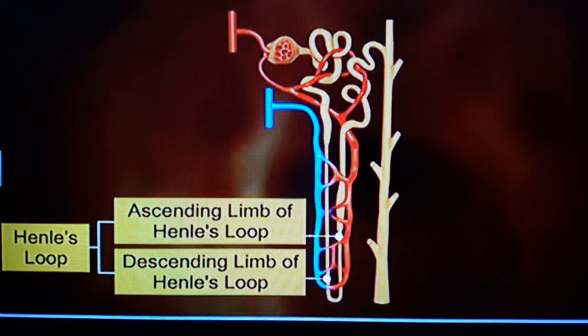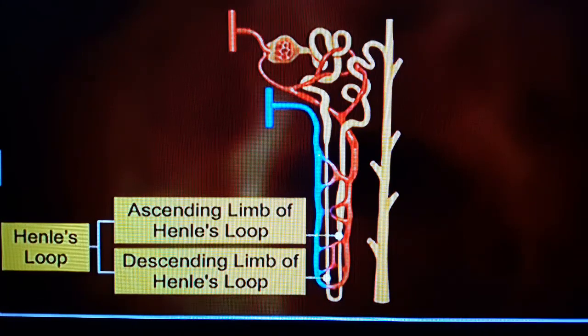The descending limb is relatively thin and long and is freely permeable to water. Note this point, freely permeable to water. It is lined with flattened cuboidal epithelial cells with very few microvilli and mitochondria.